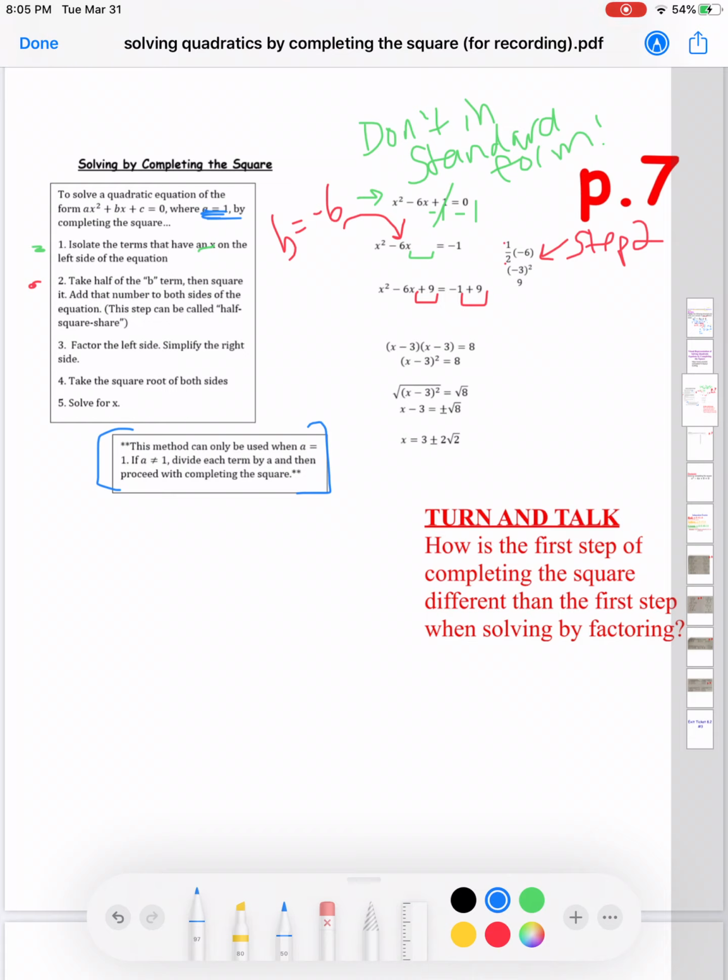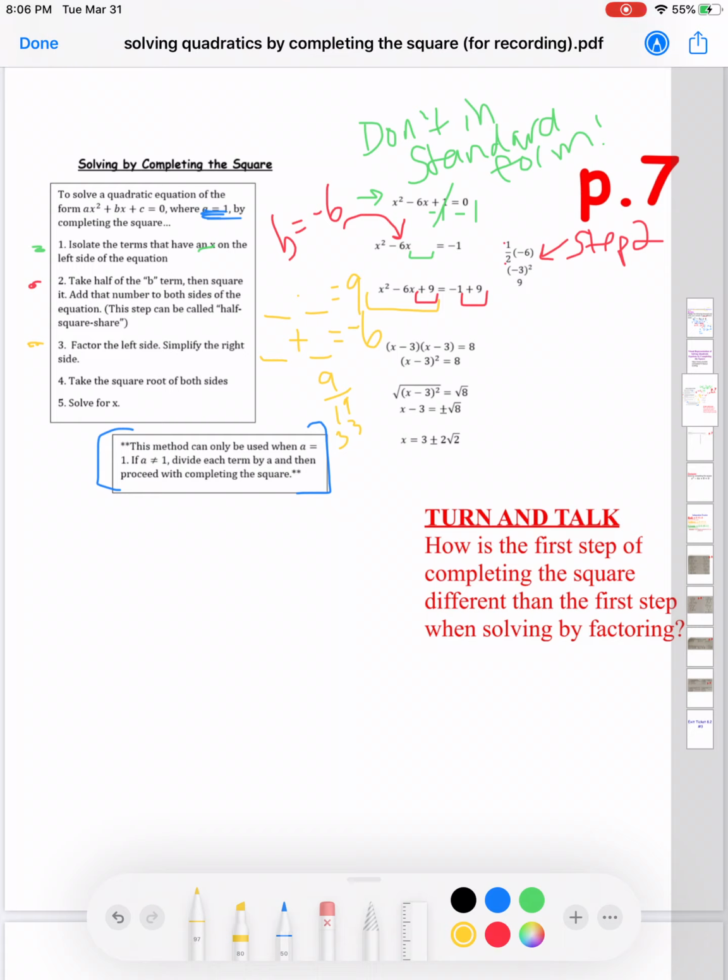Now we're up to step 3. Step 3 says to factor the left side and simplify the right side. So on the left side here, I have x squared minus 6x plus 9. So in this step here, it's a regular trinomial. I'll ask myself what number times itself gives us 9, and what number plus itself gives us -6. So if I think about the factors of 9, I have 1 and 9, and 3 and 3.